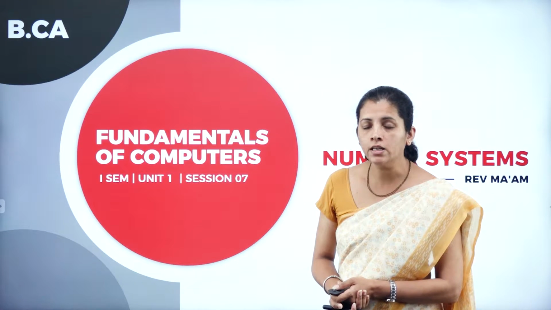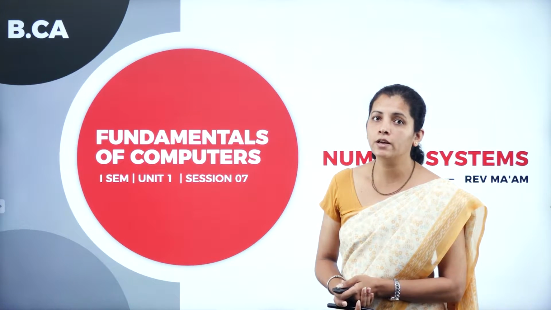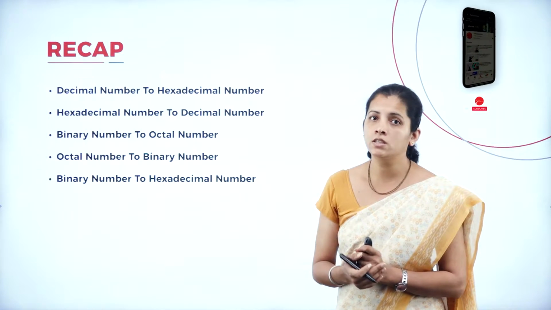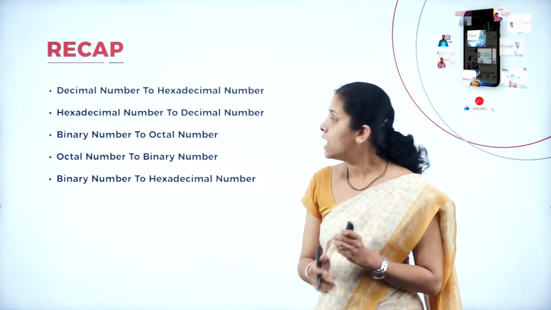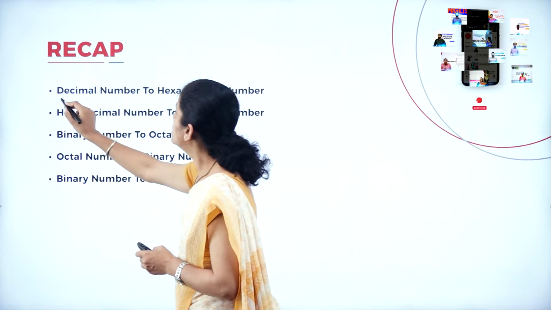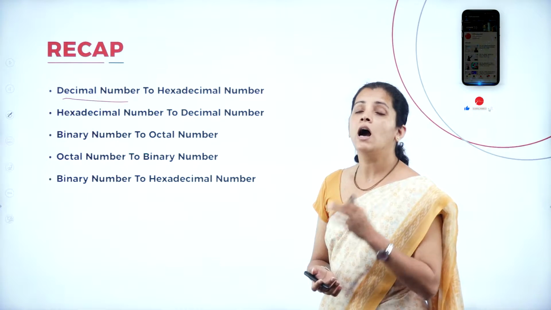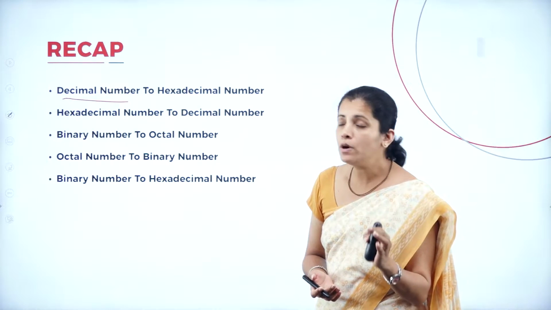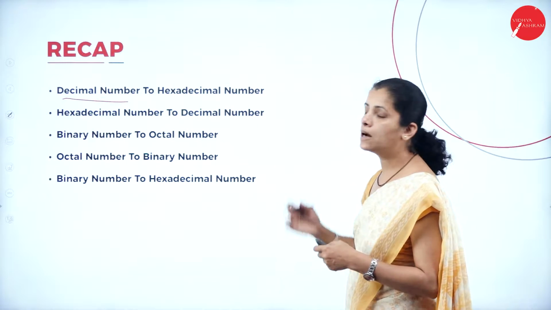So dear students, before starting today's session, let me recall the topics I covered in my last session. There I started with decimal number to hexadecimal, that means how we can convert a decimal number to a hexadecimal number.